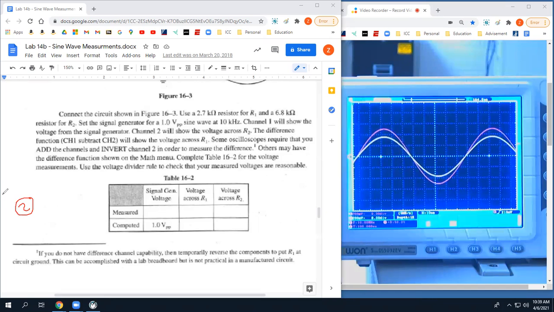Function generator, 1 volt peak to peak, and 10K hertz. Right? We got a resistor here and a resistor here.